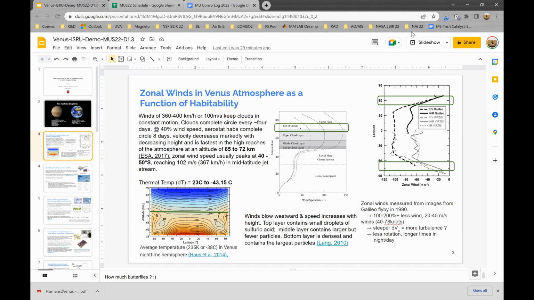So these clouds are in constant motion, and at these speeds, they complete a circle around the planet every 4 days.